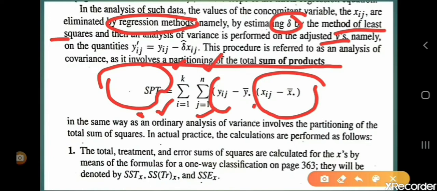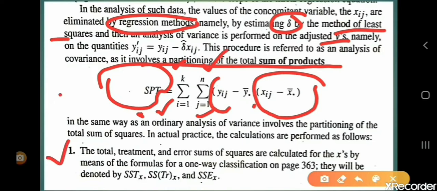Clear? This is the total sum of all products. We will see the direct formula for the sum of products individually for the x term and y term. So we will follow these steps for the calculation.